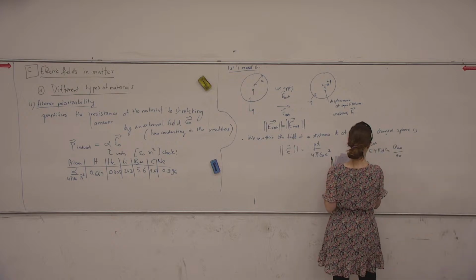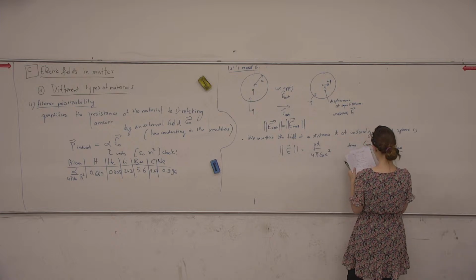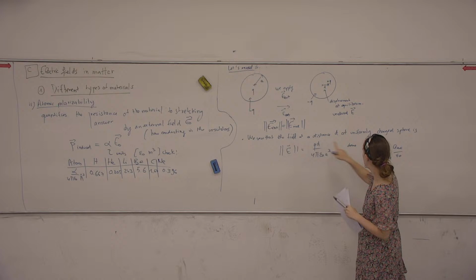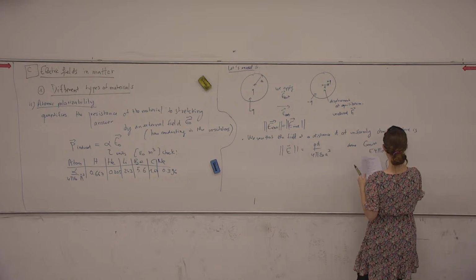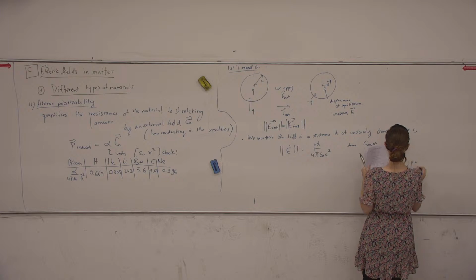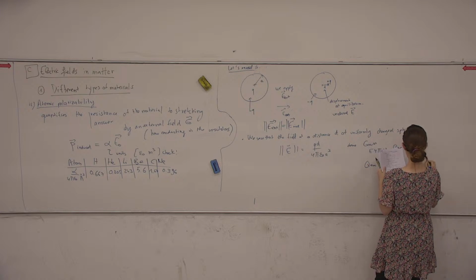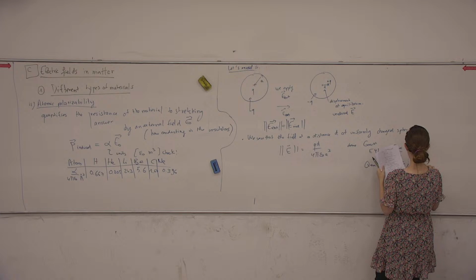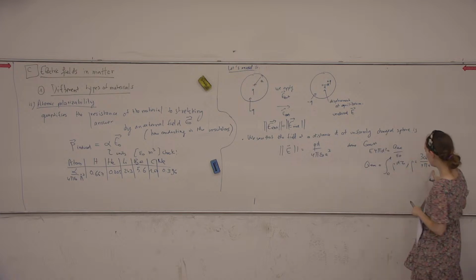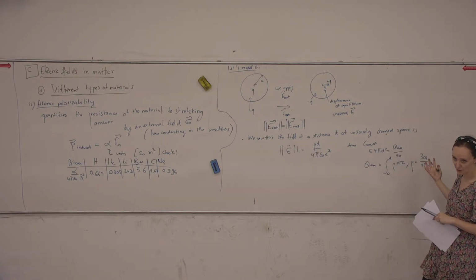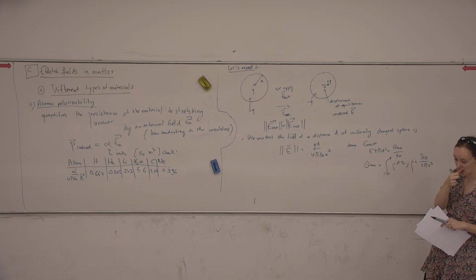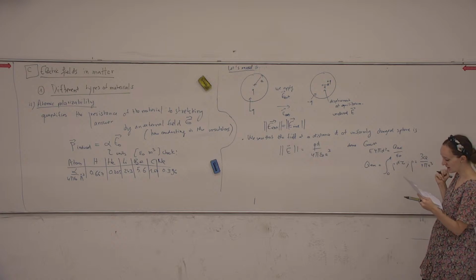And Q enclosed is the integral from 0 to d of rho d tau, because it's at a distance d. And rho is equal to 3q divided by 4 pi a cubed, because it's uniformly charged. Makes sense?